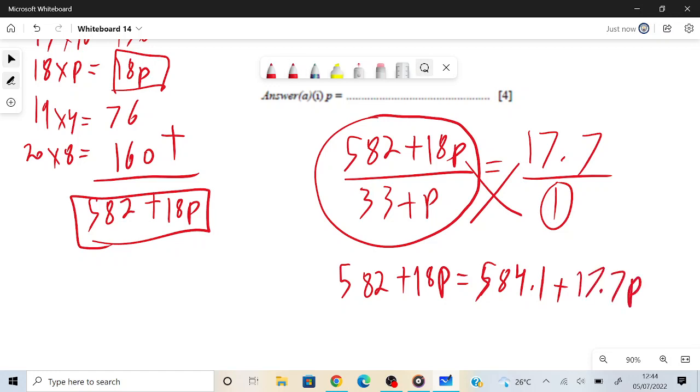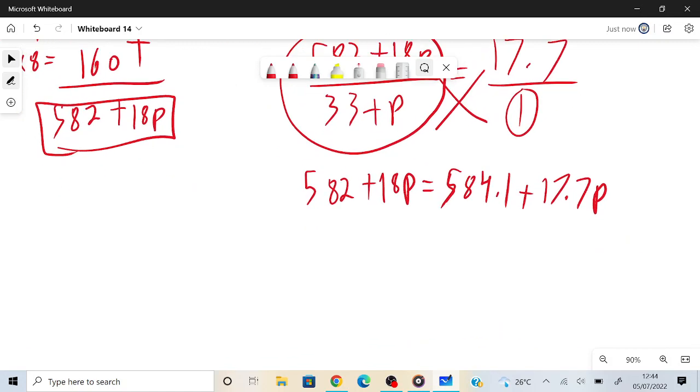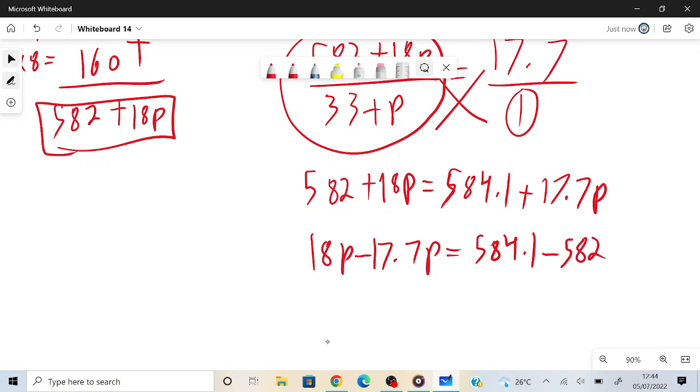Collecting your like terms, this now will be 18P minus 17.7P equals 584.1 minus 582. Why minus 17.7P? Because the 17.7P goes to the other side and becomes negative, and the 582 over here goes to the other side and becomes negative.